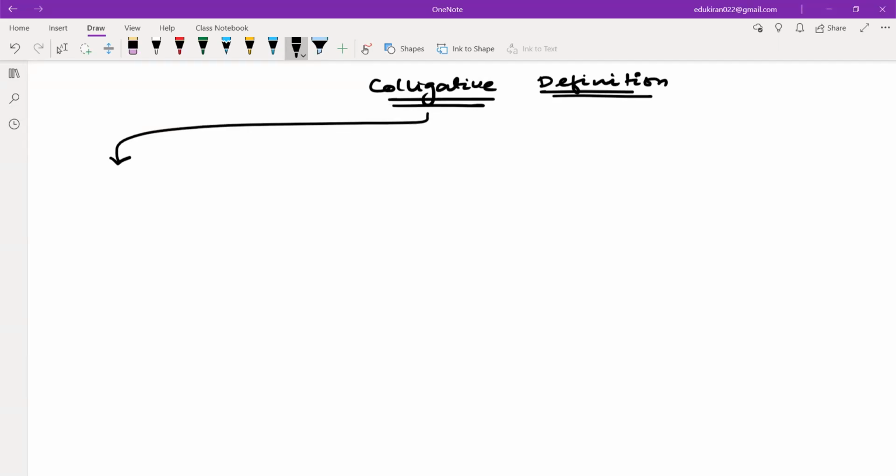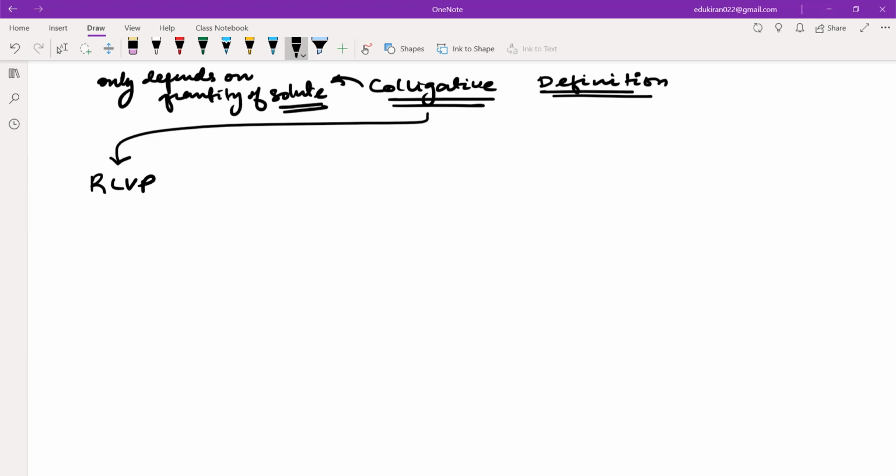That means they only depend on the quantity of solute. A colligative property that we have learned is RLVP, relative lowering of vapor pressure.